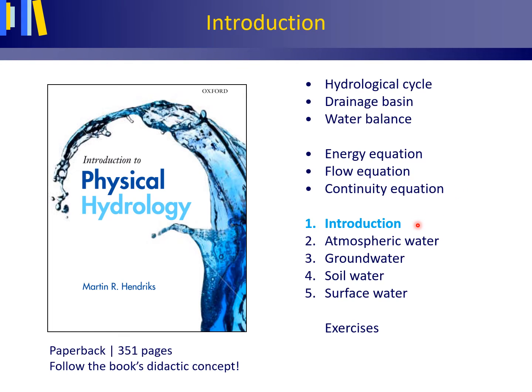This is chapter 1, the introductory chapter, and other chapters are chapter 2 on atmospheric water, which has a link with meteorology. Chapter 3 is on groundwater. Groundwater is water in the subsurface below the water table. All interstices, all pores are fully filled with water, are fully water saturated.